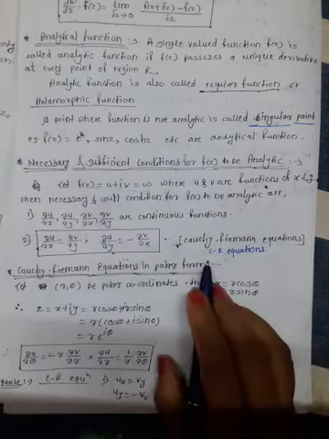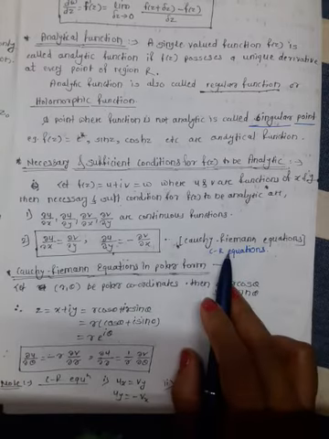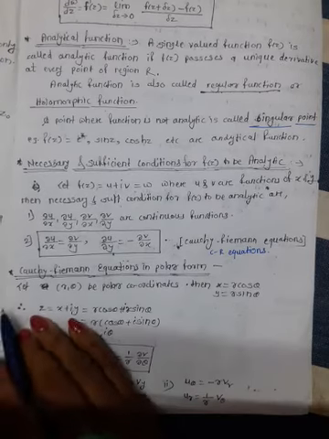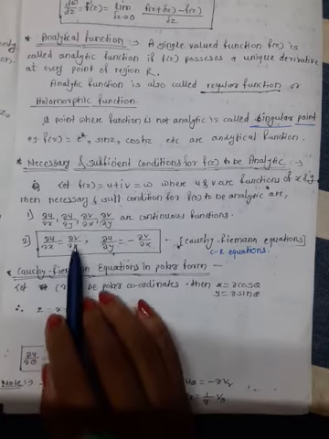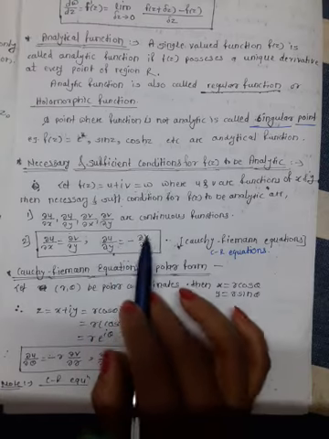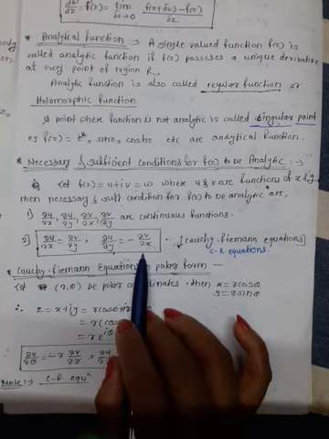Okay, whenever there is a question regarding analytic functions, we are going to use this condition, the CR equations, while solving the examples. Dou u by dou x is equal to dou v by dou y, and dou u by dou y is equal to minus dou v by dou x. Okay, remember, this is very important.